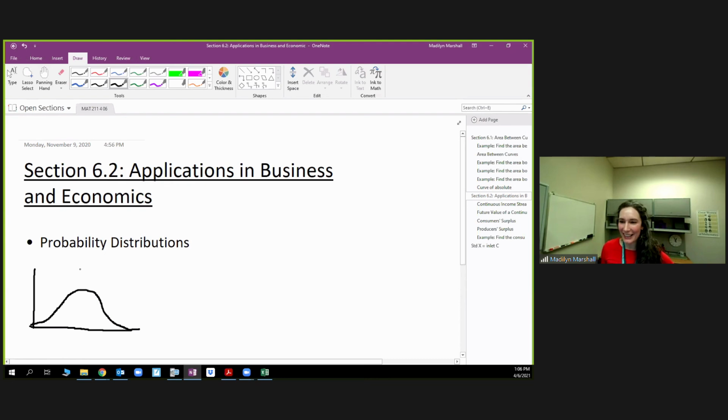So one of our most common distributions in stats is the normal curve. I'm not going to get deep into this, but if you were calculating, for example, what percent of data falls between this X value and this X value, there are all sorts of technology tools that will do this for you. But underneath, what is actually happening is an integral.